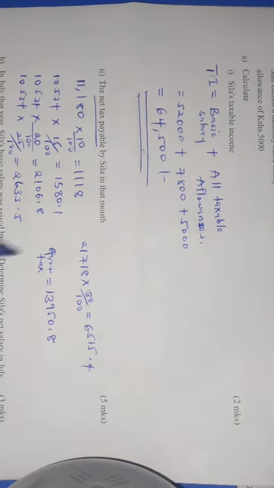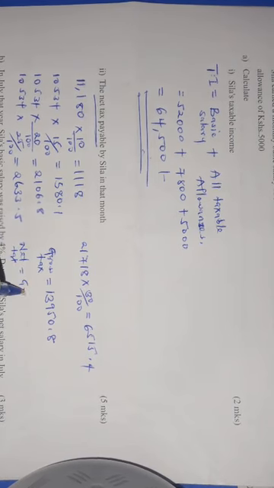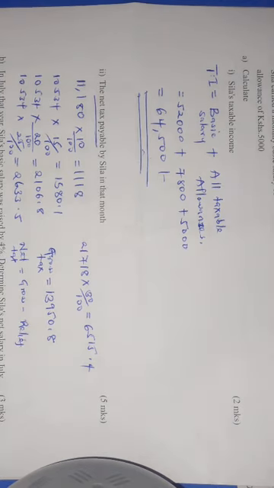Again, remember we have been told to find what? The net tax. The net tax is given by the gross tax minus the personal relief.